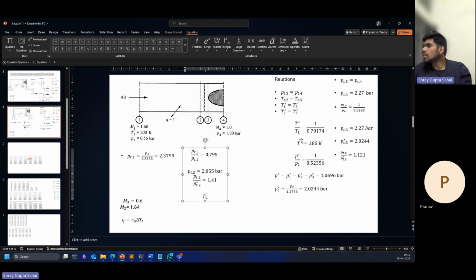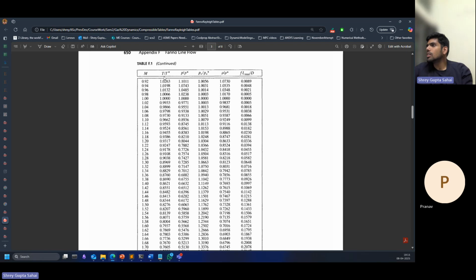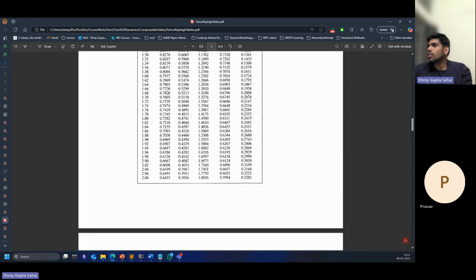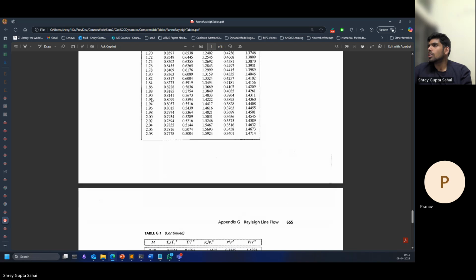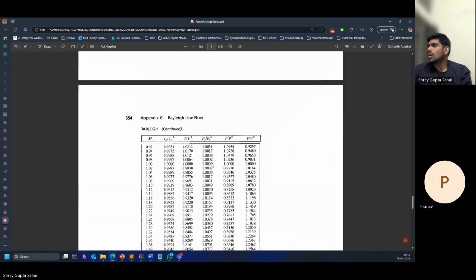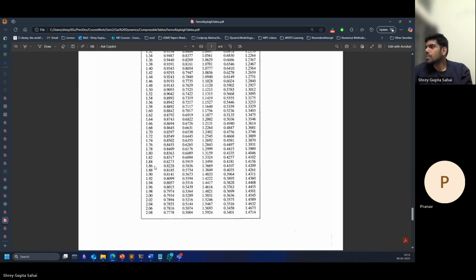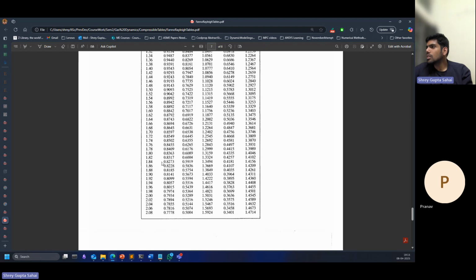Or let's look at the total temperature entry only. Why look at a different entry? The entry is 1.84.